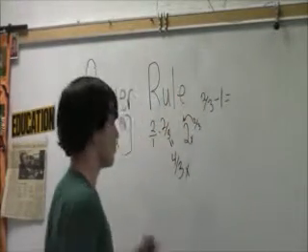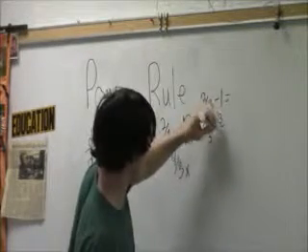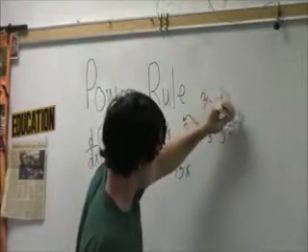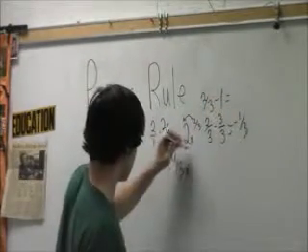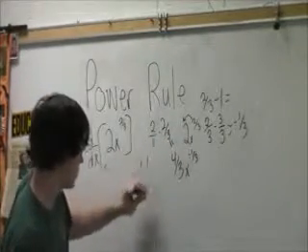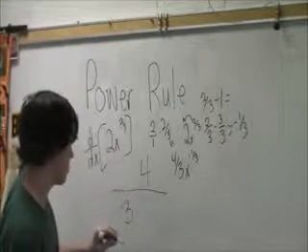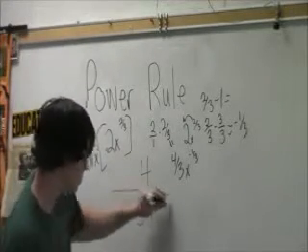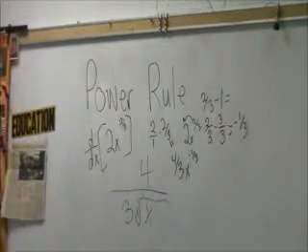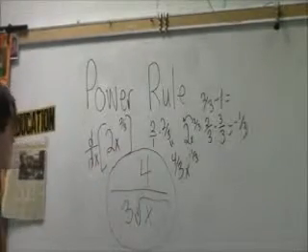And now you have to subtract 1 from 2/3, which equals a negative 1/3. So the answer is 4/3 x raised to the negative 1/3. Now you can simplify the answer even more, which equals 4 over 3 times the cube root of x. There you go. That is the answer.